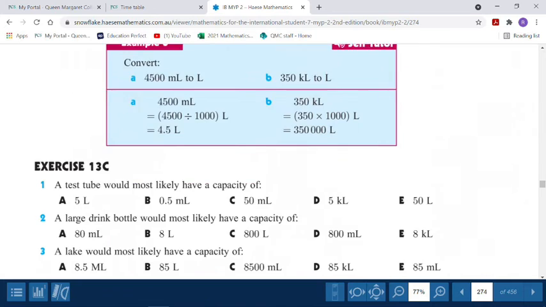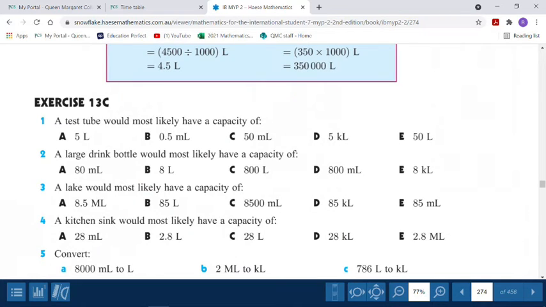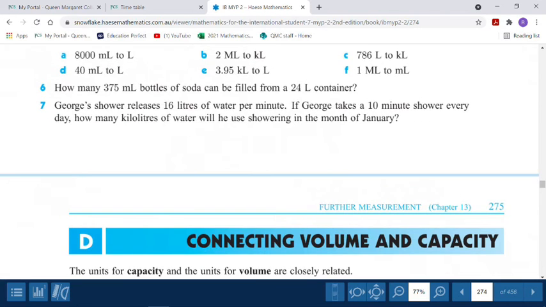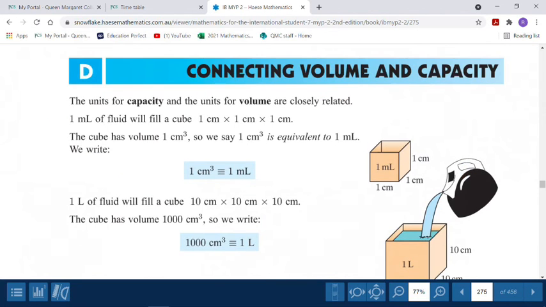Okay? So you're going to do a few conversions, and you're going to see what you think the table should be. Now, the biggest part of today's lesson, though, has to do with connecting volume and capacity. Right? Volume is measured in units of length. So meters, right?